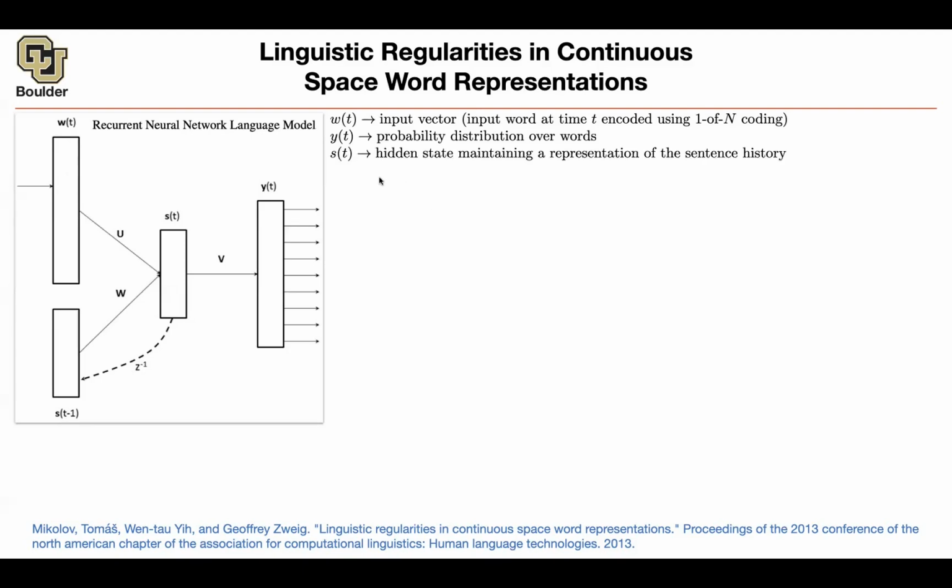Okay, perfect. So ST is going to carry our history with us. It's going to be low dimensional. WT and YT have high dimensions, the dimensionality of the vocabulary. This operation here using arrows, there is actually math behind it. You take WT, multiply it by a matrix. It's going to pick out one of the columns of this U matrix.